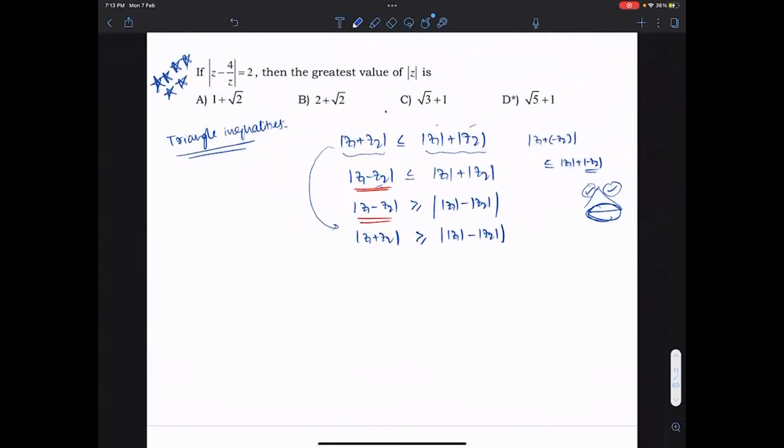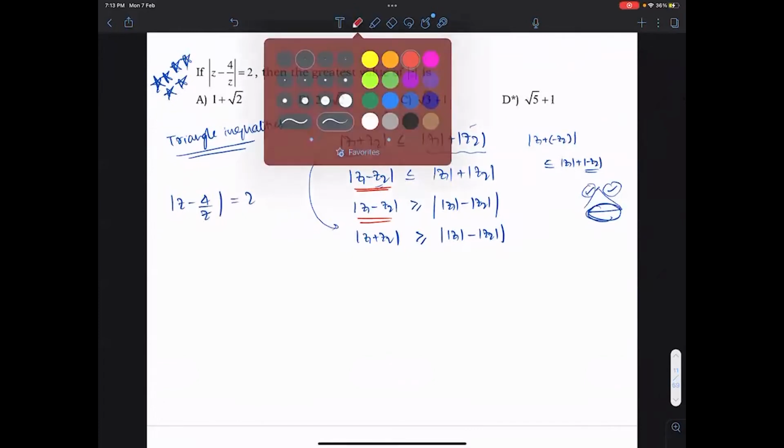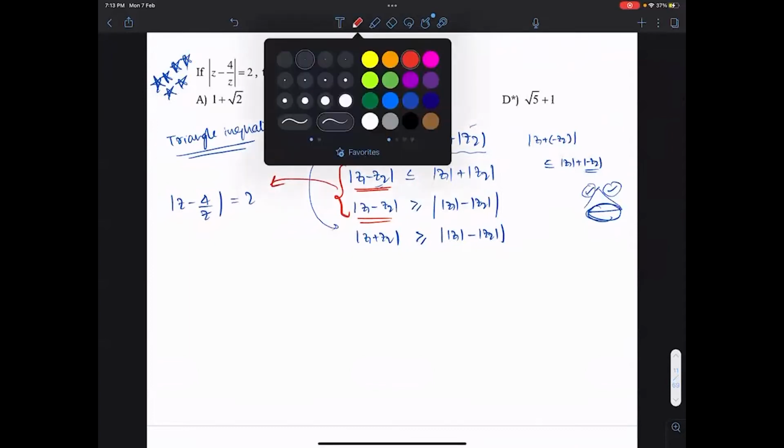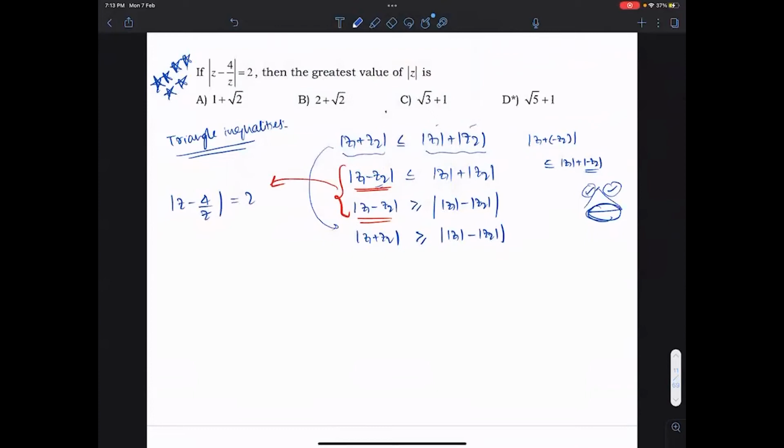Now coming to this question, mod of Z minus 4 by Z is equal to 2. No? Now, that means which two inequalities are we going to use? These two. Okay. Use those two inequalities. How? You see, mod of Z1 minus Z2, different. So one side, that is 2 here.